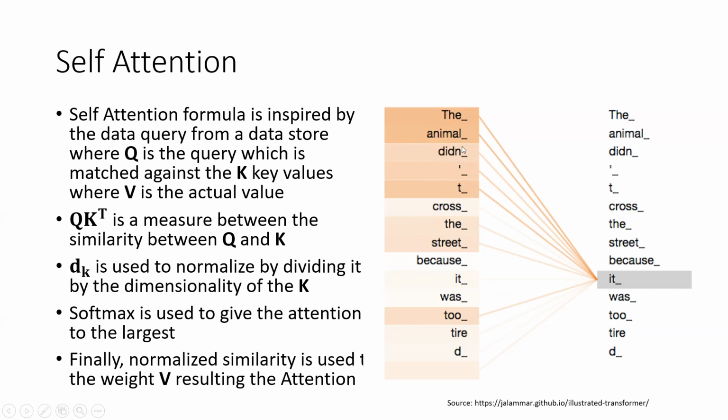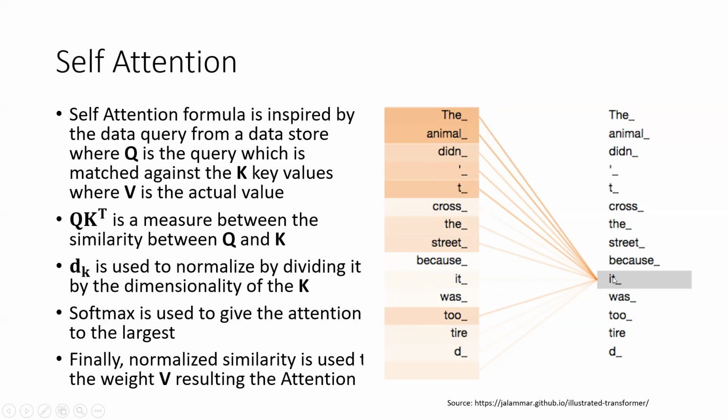When it comes to didn't, DIDN is taken as a single token, and apostrophe is taken as another token, and T is taken as another token. Similarly, tired is tire as a single token and D as another token. So what we do in the self attention is we take each of these tokens.